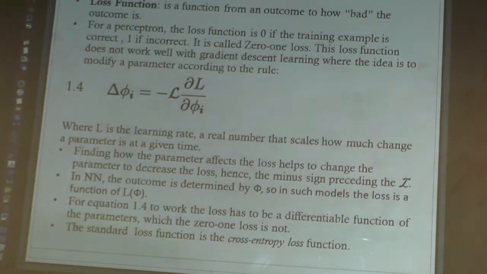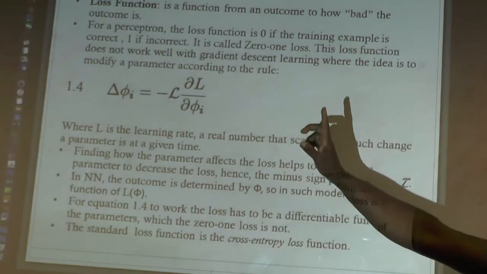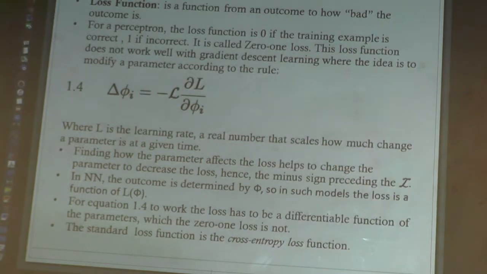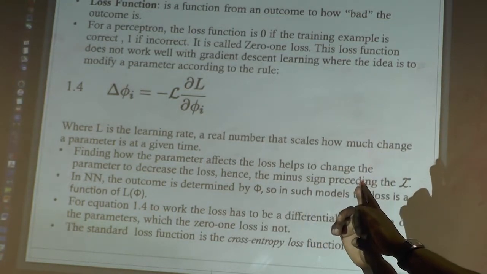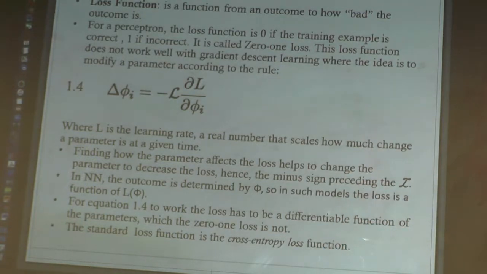Calculus. Differentiation. You should be able to differentiate. So if we can differentiate that equation 1.4, then we can get to a point whereby we can actually interpret not just 0 or 1, but in between. That's the purpose of differentiation.